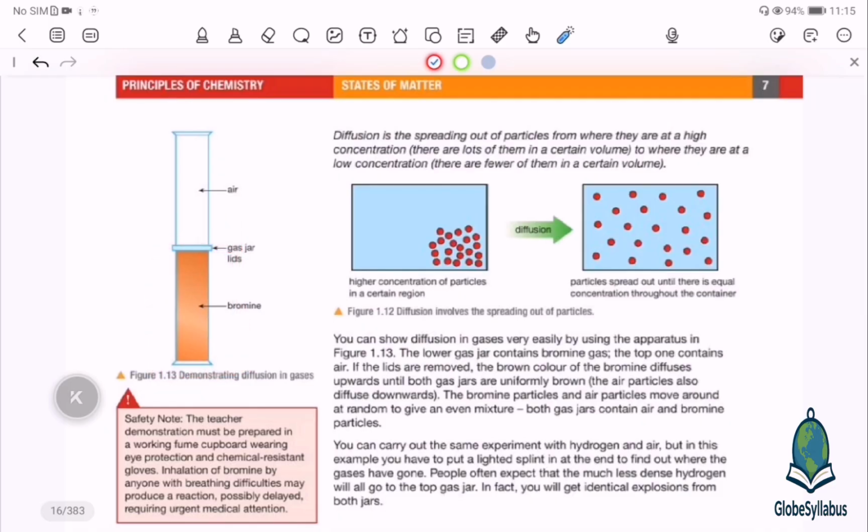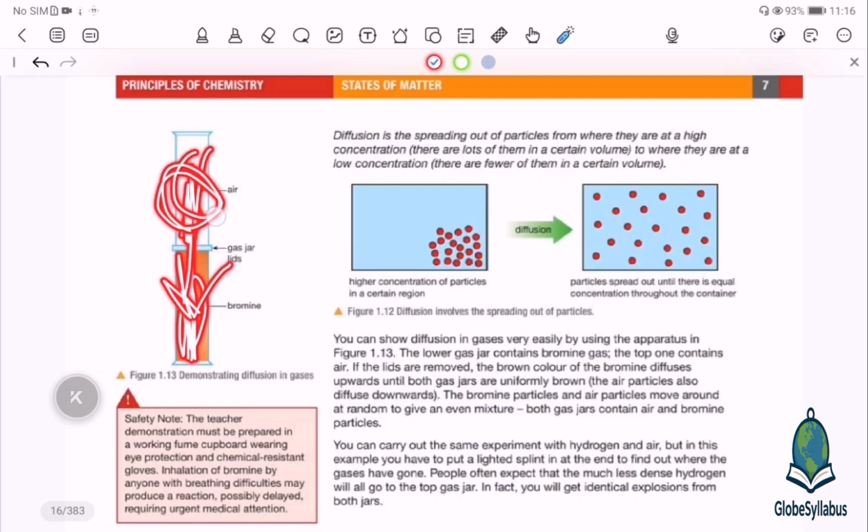So here we have the air, and here we have the gas jar lid. What happens if we remove that gas jar lid? We will see that the particles from the bromine, which has a high concentration of bromine particles, start to travel to the air, and the air starts to travel to the bromine. Why?